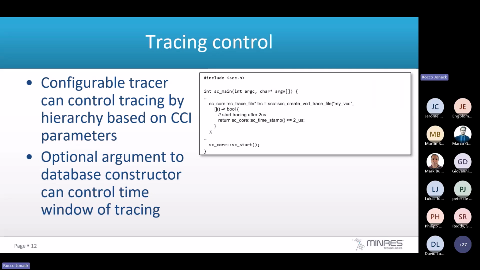We often find that before 2 microseconds nothing relevant happens, so in order to reduce the file size, you just say trace everything, but only after 2 microseconds. For that you can register a callback function, which we have implemented here as a lambda that returns true or false for certain time periods.